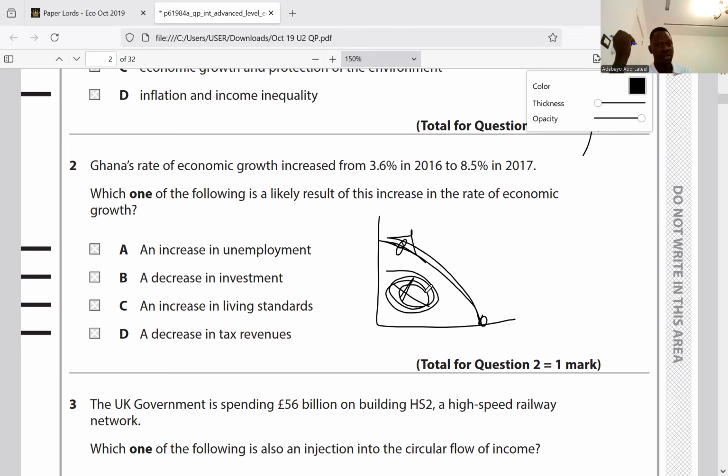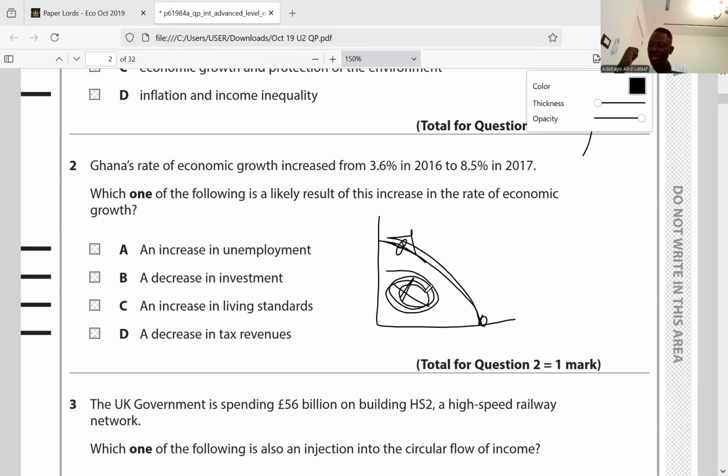That means you are spending on capital goods. It's spending by firms on capital goods like machinery and all that, which help to produce more goods in the future. So a decrease in investment, it's not possible to increase economic growth. An increase in investment, will that increase economic growth? An increase in investment would lead to economic growth.